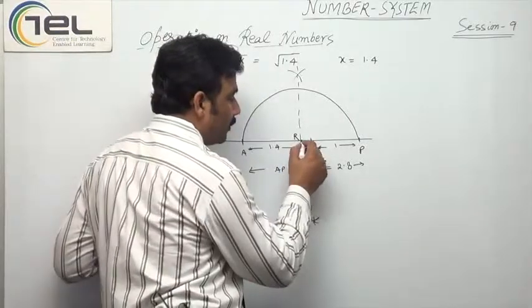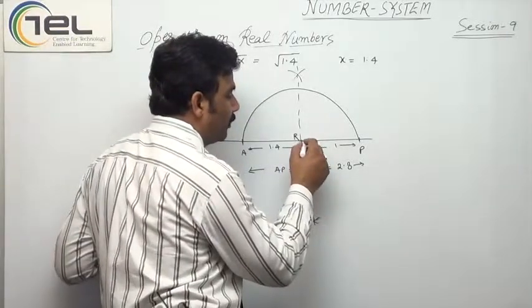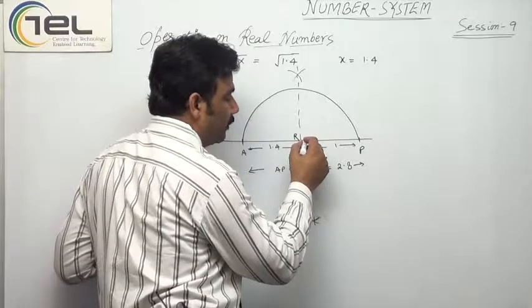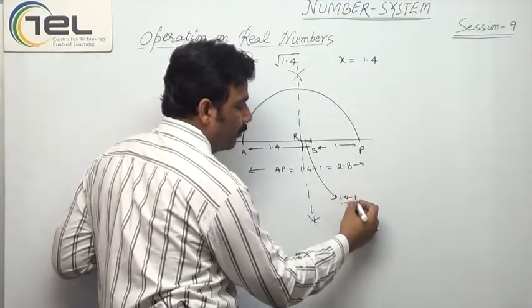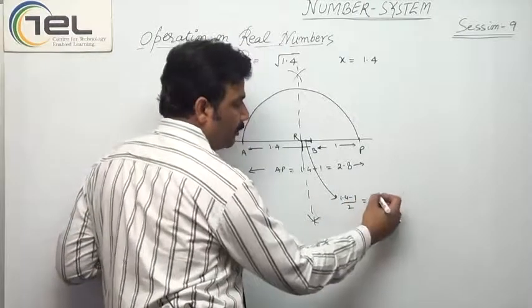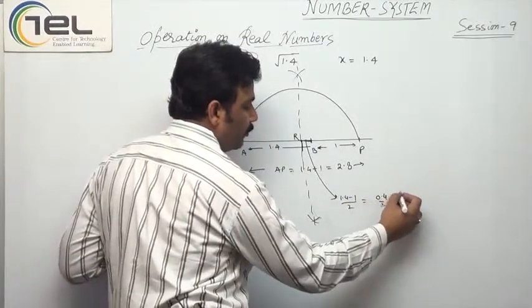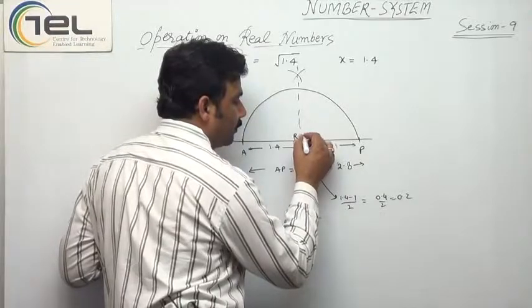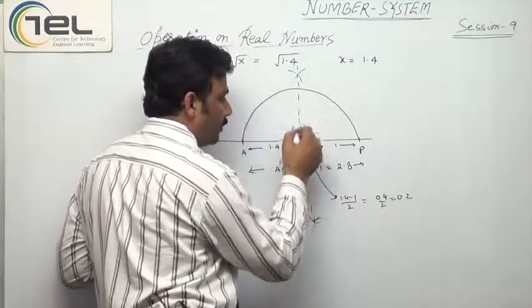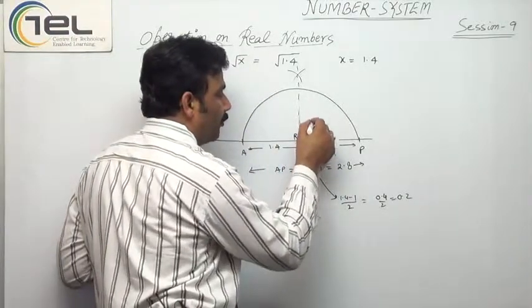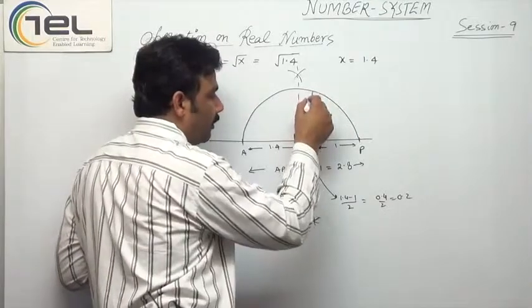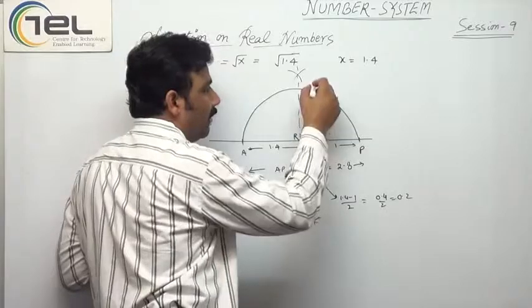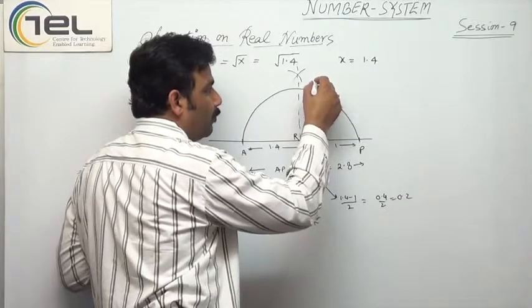I know this point, this is 1.4 minus 1 by 2, it is 0.4 by 2, it is 0.2. So it is 0.2. If I draw a perpendicular here, this makes 90 degrees here, and I will join this as PQ.